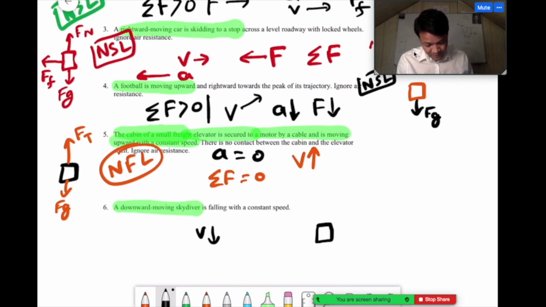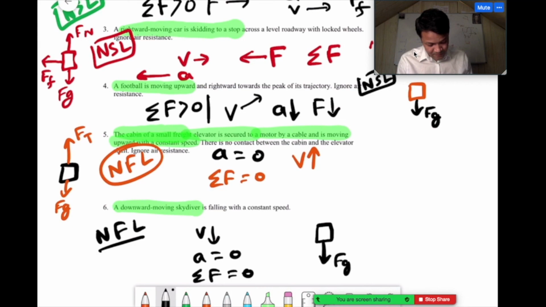It's falling with a constant speed. Constant speed means acceleration is 0. Then the net force is of course 0. If net force is 0, this is Newton's first law. If there is no net force, there is no acceleration, and it's moving down, then both forces are equal in magnitude but opposite in direction.